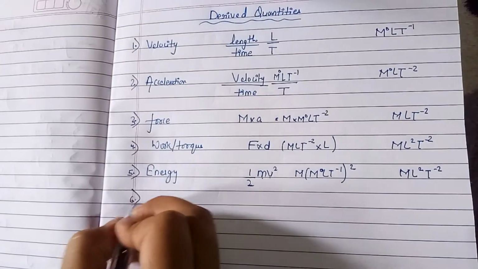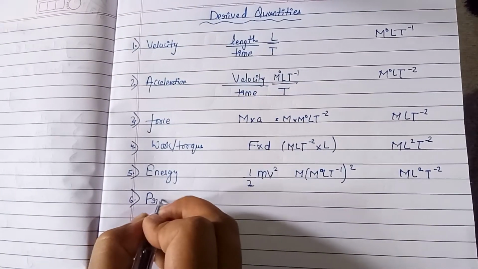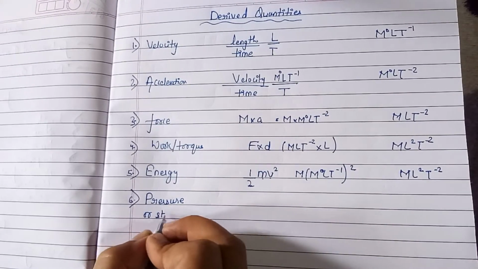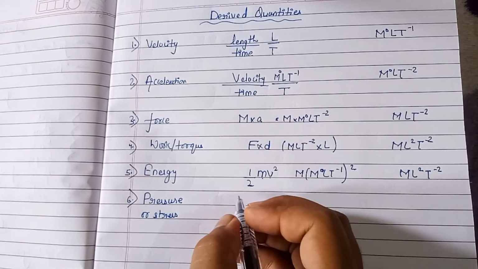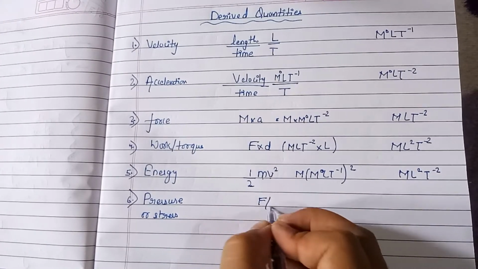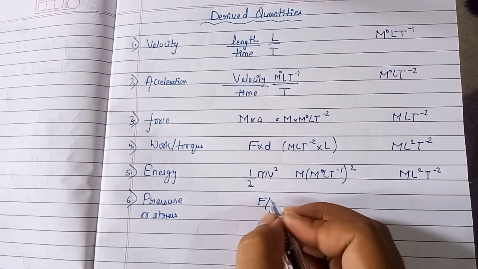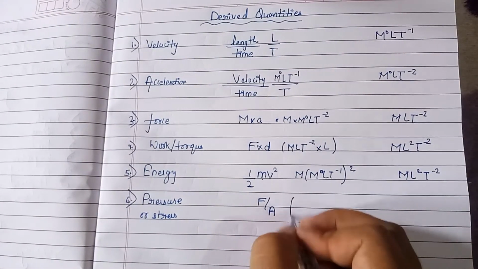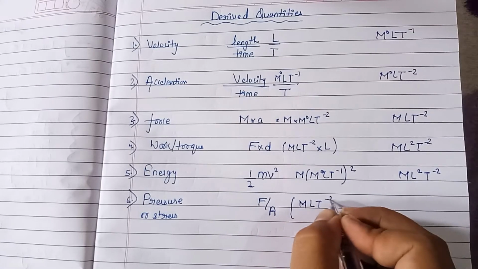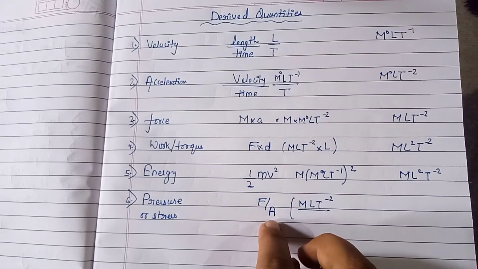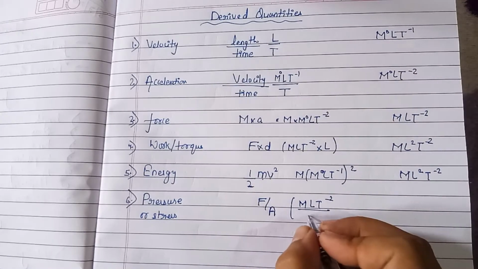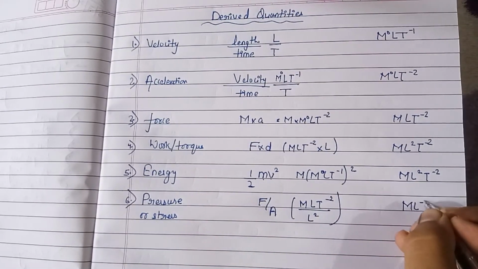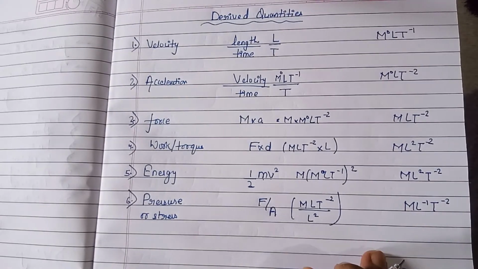Next we will see an important quantity, pressure or stress. Pressure or stress is equal to force upon area. We have calculated the derived quantity for force, M L T^-2, and for area the formula is meter squared, so we write L^2. So the derived quantity is M L^-1 T^-2.